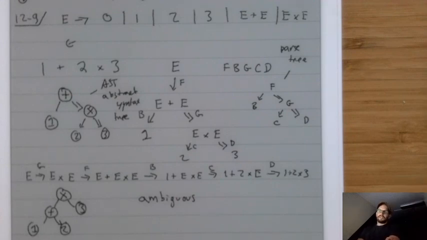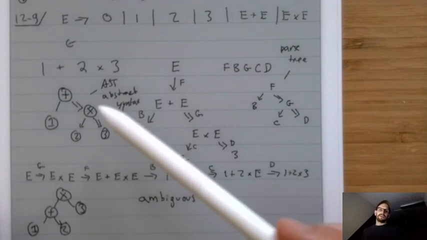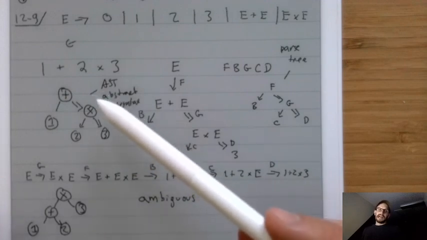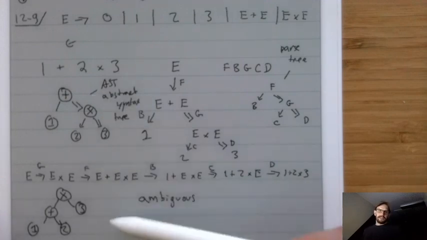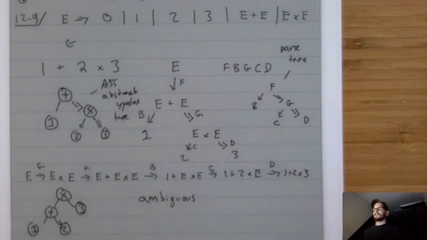We do not want there to be multiple different ways of getting the same strings, because we want our programmers to be able to write something like 1 plus 2 times 3 and know whether the answer is 9, like in this case, or whether the answer is 7, like in this case. So we want to make it so that there are no ambiguous rules.